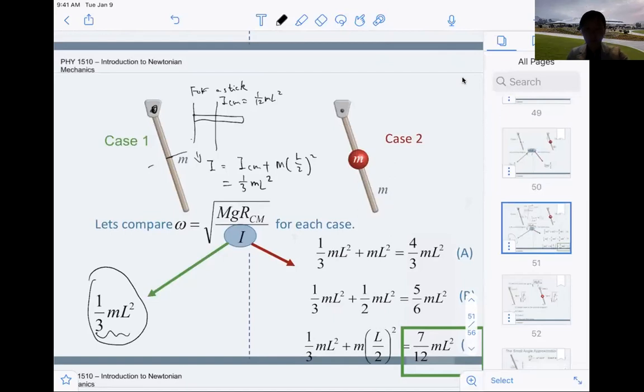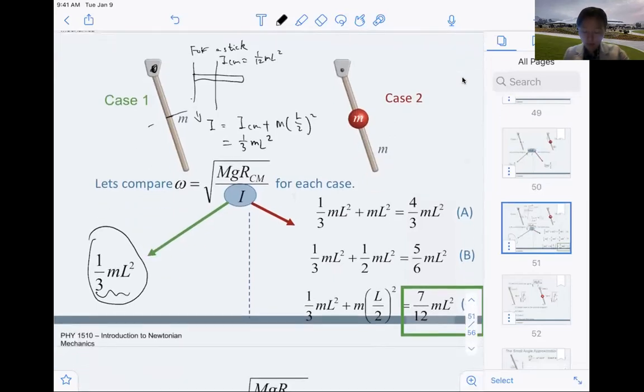For case two, the I would be the stick plus the mass. The stick is already calculated, 1/3 ml squared. And the mass would just be a point, so that's m r squared, m times L over 2 squared, given that this distance is L over 2. So the rotational inertia for the entire object in case two is 7/12 ml squared.